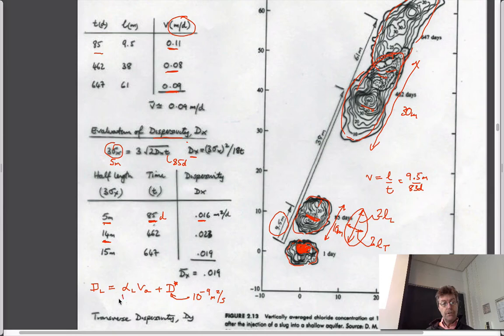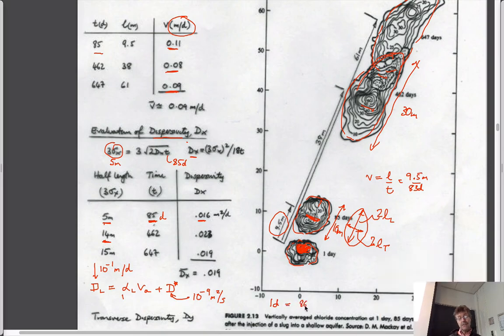This term overall here is coming out to be 0.1, 10 to the minus 1 meters per day. So is that bigger than this? I'm not sure. A day is basically 10 to the 5 seconds, so 1 day equals 86,400 seconds, about 10 to the 5 seconds.